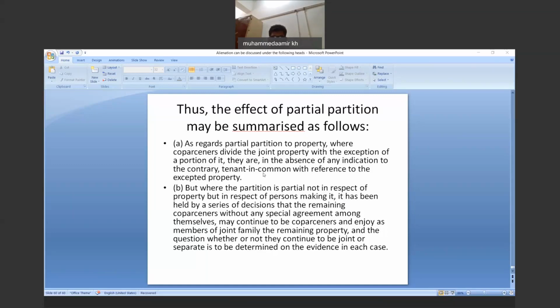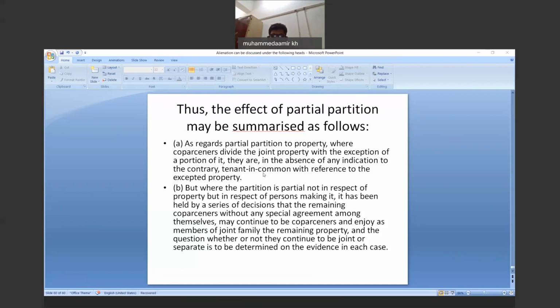The question whether or not they continue to be joint or separate is to be determined on the evidence in each case. Okay, so this is the summary, and this is what we can refer to in regard to the effect of the partition.